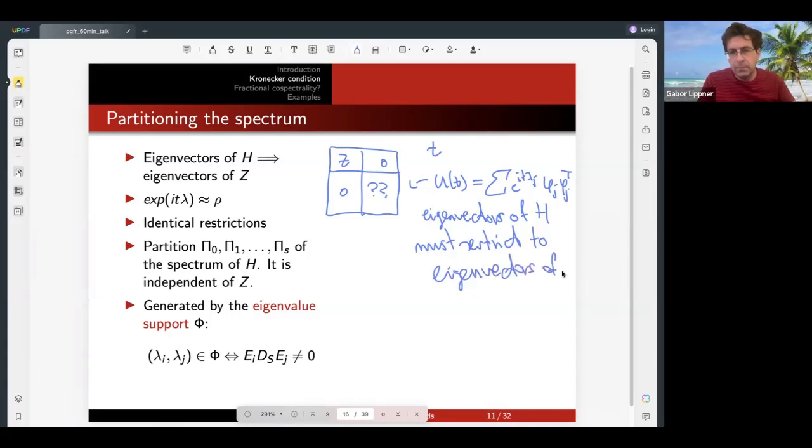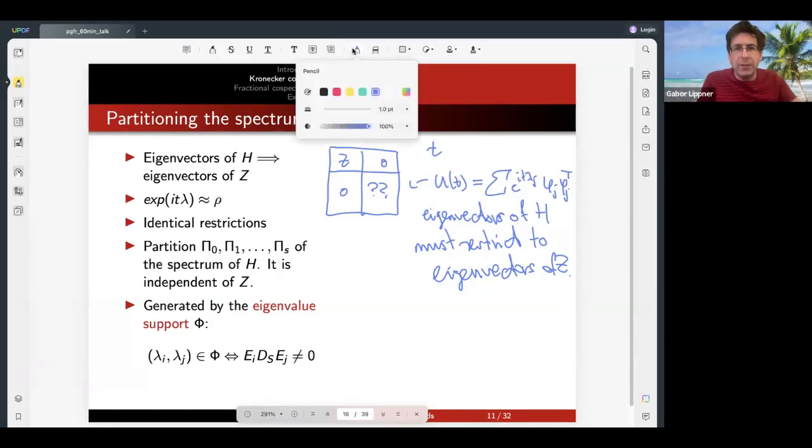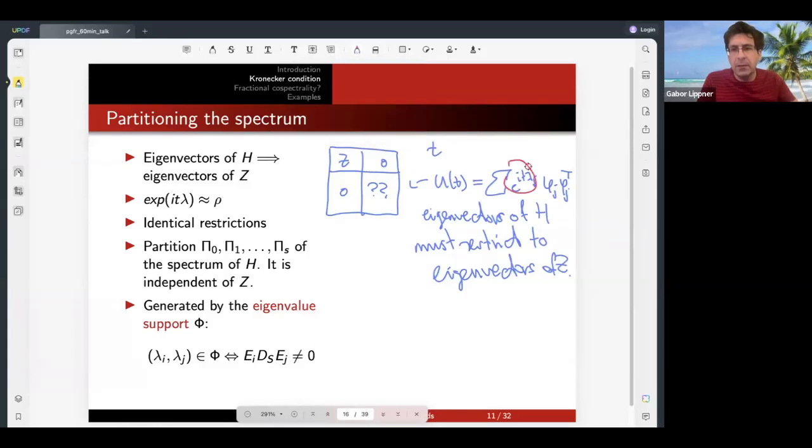And not just that, but if I now look at the eigenvalue corresponding to that eigenvector, which is this number, it has to be equal to the corresponding eigenvalue of my Z matrix.